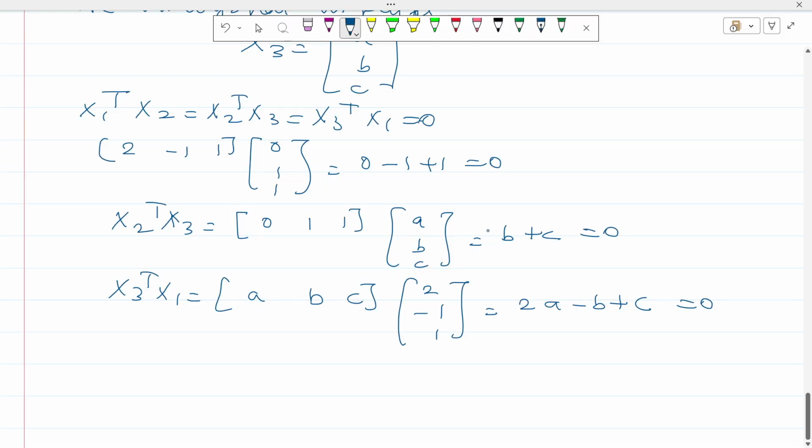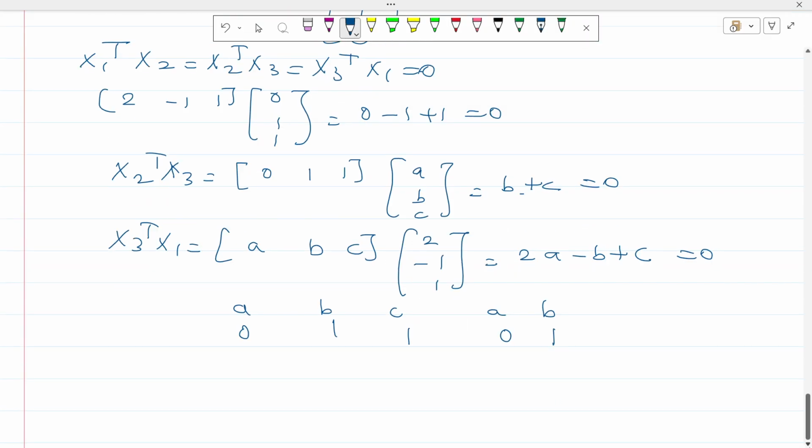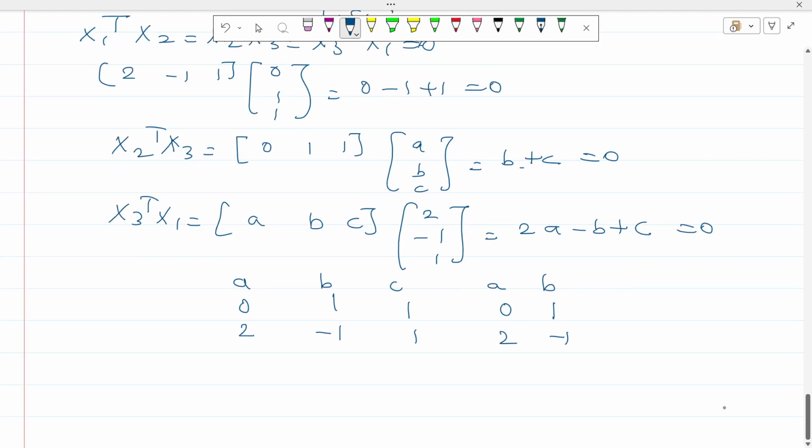So if both of them equal to 0, then we have to solve by using the usual method. Continuously write A, B, C, A, B. What is A value for first one? 0, 1, 1, 0, 1. Second one is 2 minus 1, 1, 2 minus 1. These values are from equation number 1 and equation number 2.